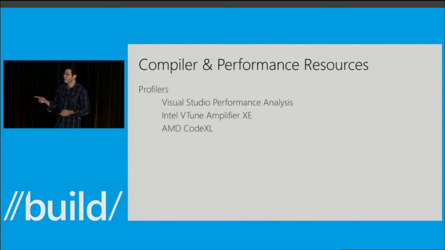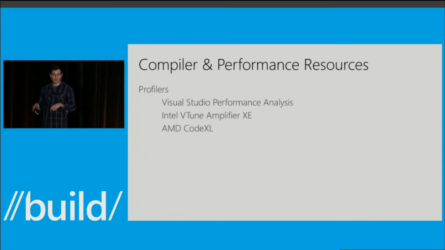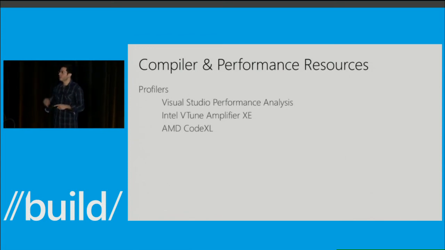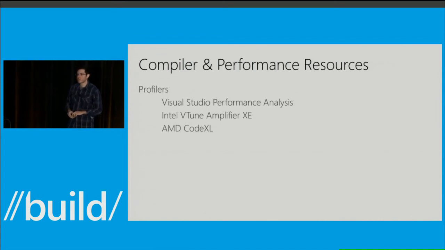So Intel provides the vTune program, which is great, and AMD provides Code Excel, which gives similar information. You can really dive deep into processor counters, CPU counters, and that's what those are really going to give you.